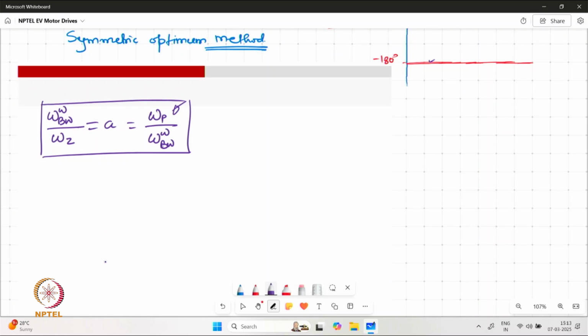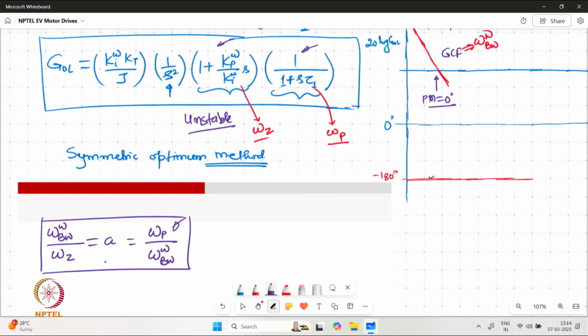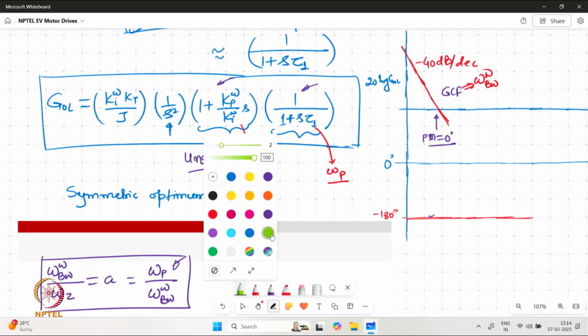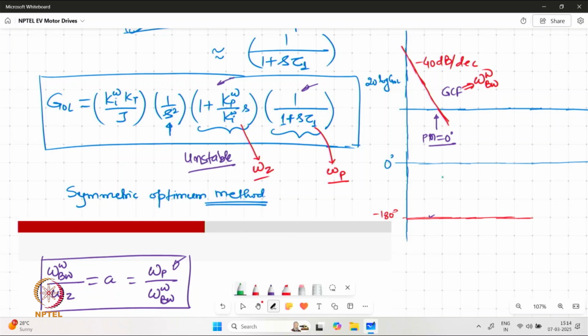So effectively what we are going to observe is that as we place the zero, say suppose somewhere here, the moment this corner frequency is encountered, the slope of this magnitude plot is going to change and become minus 20 dB per decade, and it is going to continue.